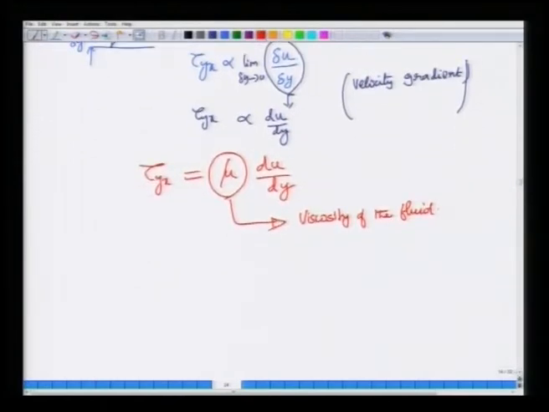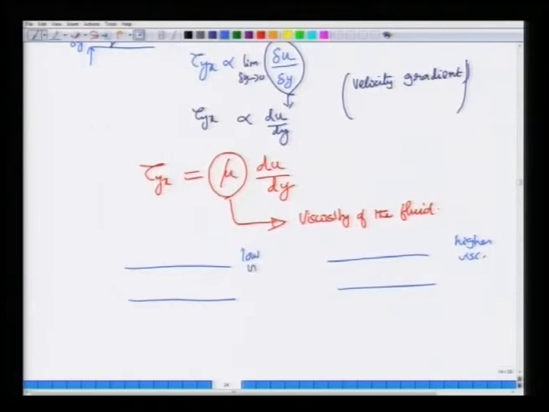So, what this says is that suppose we were to do this experiment with two fluids, one with higher viscosity and the other with lower viscosity, and you apply the same force Fx on the top plate, and you watch the motion of these lines after a time delta t.